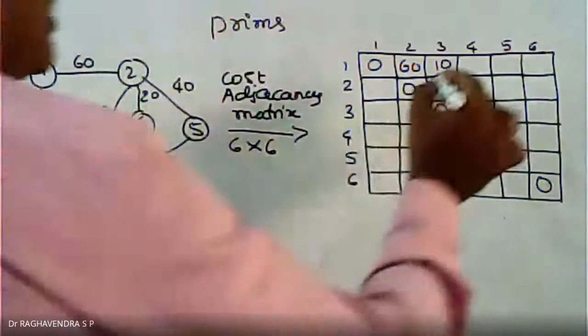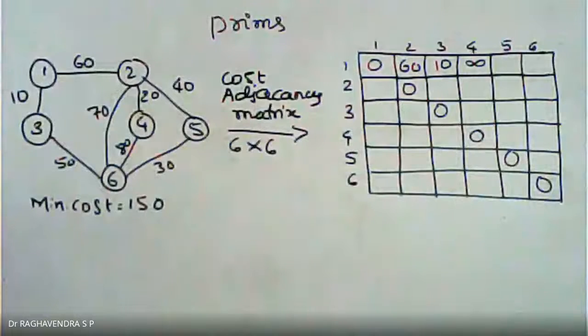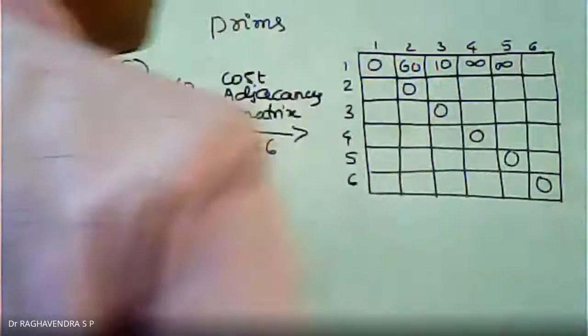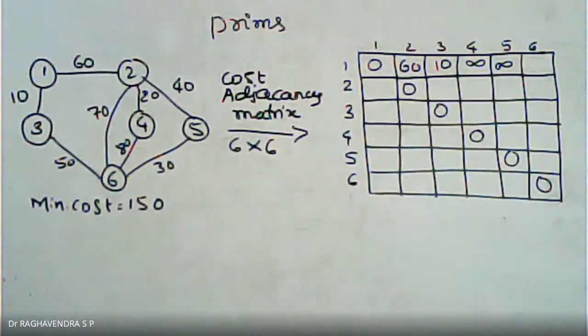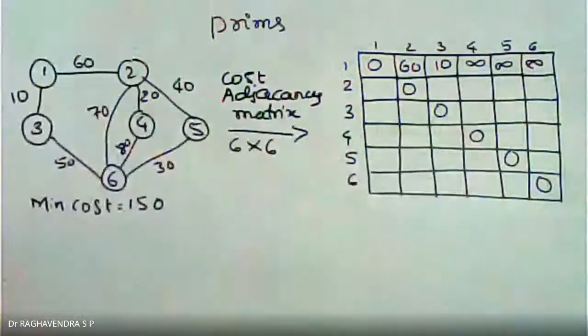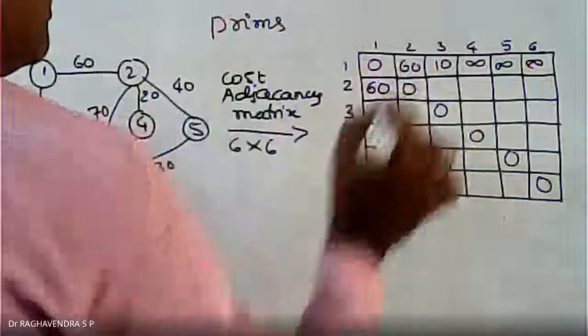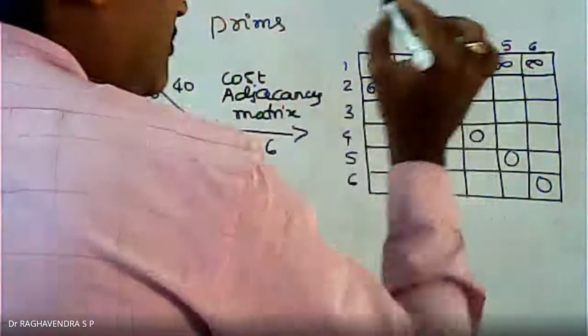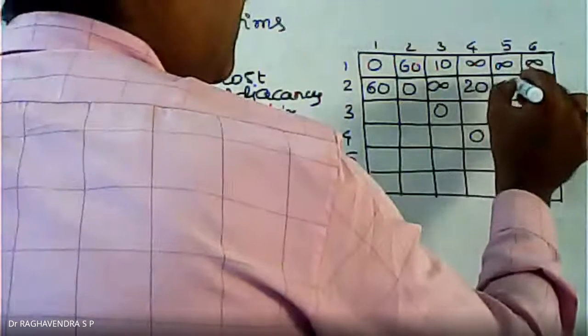Infinity. 1 to 5? Infinity. 1 to 6? Infinity. 2 to 1? 60. 2 to 3? Infinity. 2 to 4? 20. 2 to 5? 40. 2 to 6? 70.